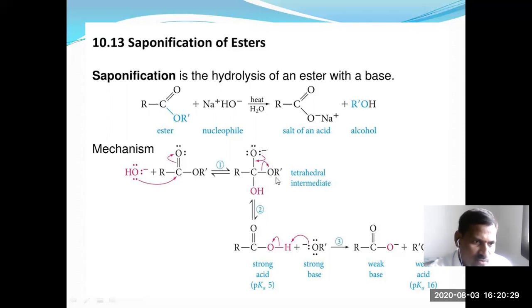So it loses an alkoxide ion, and you get a strong acid, carboxylic acid. The strong base takes a proton from the strong acid, converting it into the carboxylate ion and alcohol. So the carboxylate ion is a weak base and the alcohol is a weak acid.